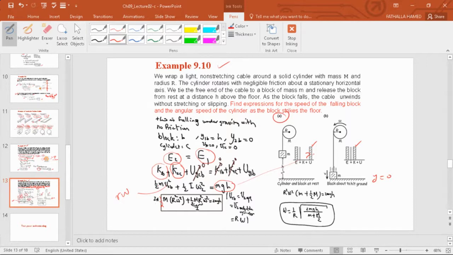Now, if you multiply that by 2, you will cancel that half, and this half is cancelled as well. So what you have here is m times r squared omega squared, because v is equal to r omega, plus I omega squared, where I is equal to 1/2 m r squared, equal to 2 mgh.